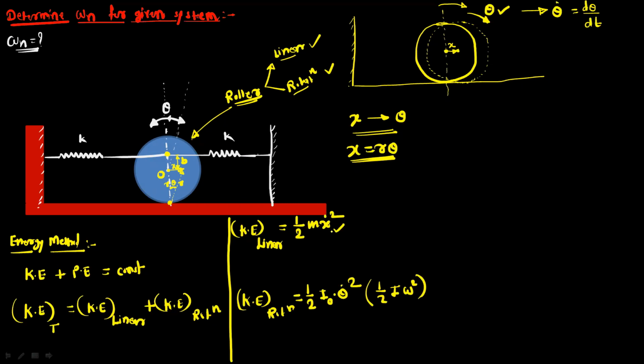So we can put this value in this equation, so we can convert both the values into theta only. So this is 1 by 2 m, and x dot means r theta dot square. So here we can write x dot is equal to r theta dot. Now put both the values in the equation of kinetic energy.